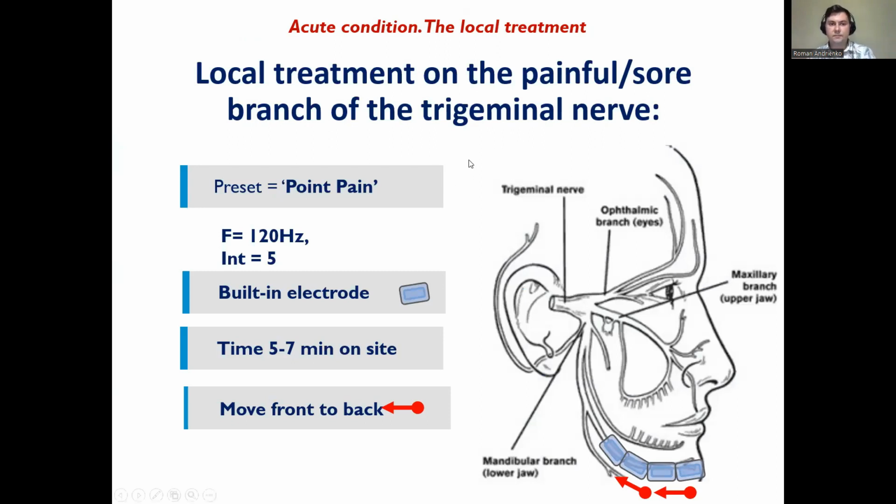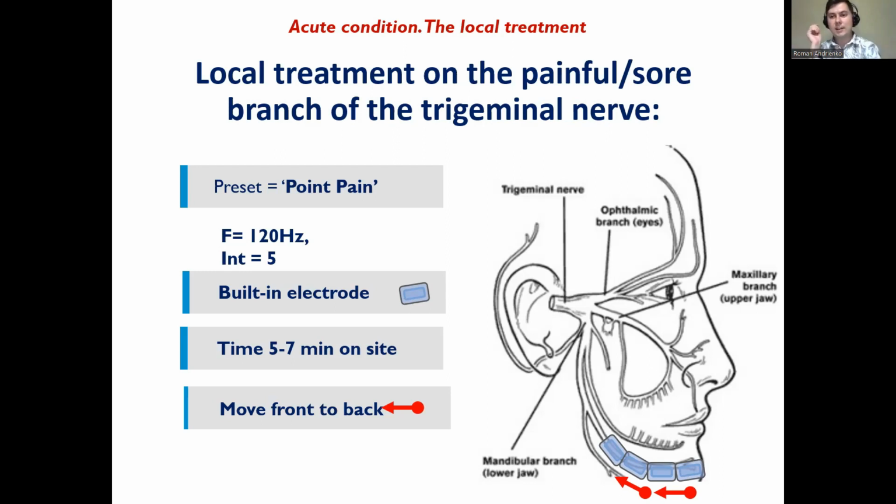We have the local treatment of the painful branch of the trigeminal nerve. The preset is point pain. The frequency is 120 hertz and intensity 5, built-in electrode. This is an interesting example because this is an unusual way to use the point pain preset.